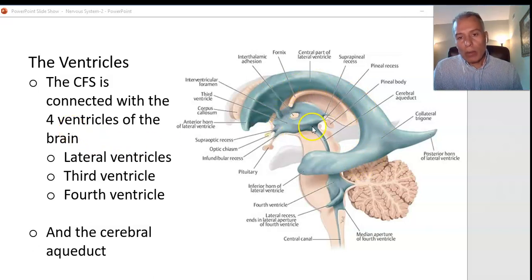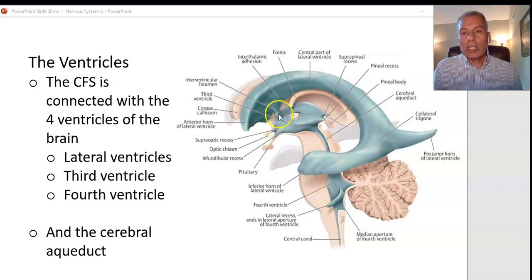Then there's a lower one beneath these. It's called the third ventricle. And then there is one across from the cerebellum. That is called the fourth ventricle. There's an aqueduct, or a little tube, that connects the third ventricle to the fourth ventricle, and that's called the cerebral aqueduct.